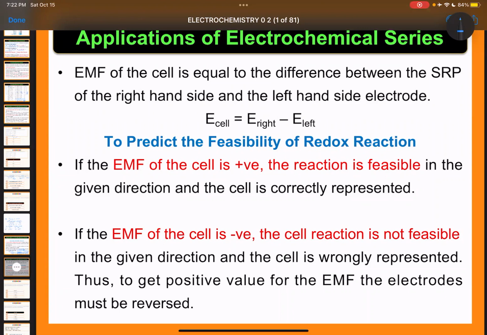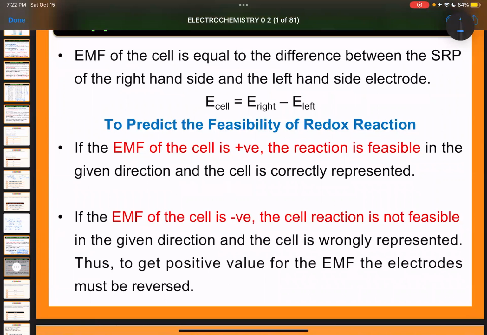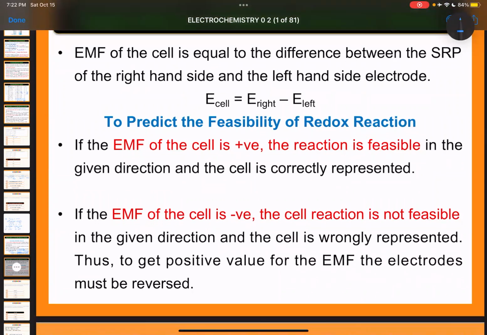As of now, we can calculate directly using the standard electrode potentials. Take the difference, and if the EMF of the cell comes out positive, then the cell reaction is feasible and the cell is going to work. But if the EMF of the cell comes out negative, then the cell is not going to work.